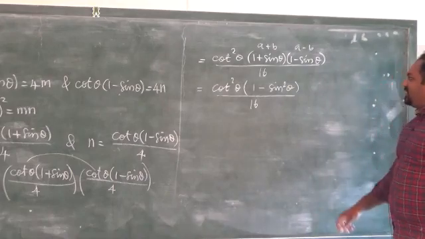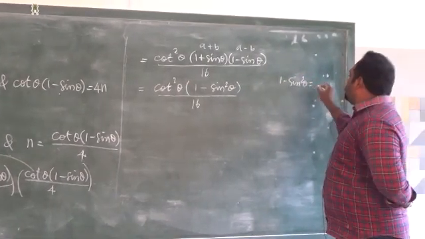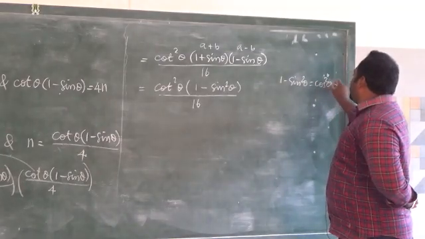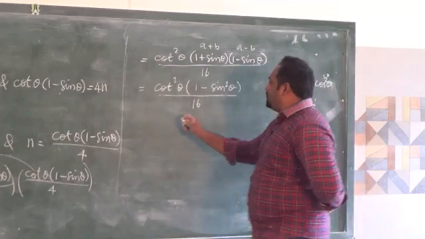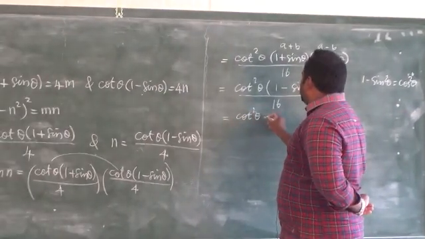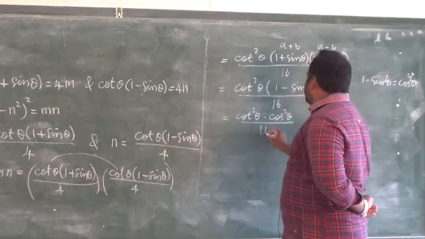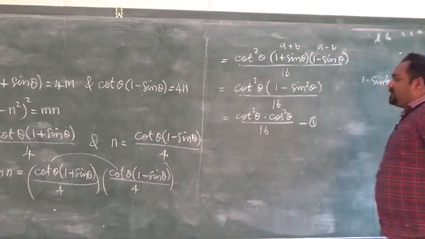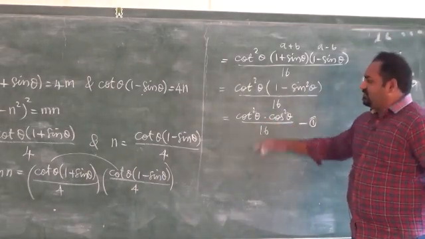Still we have a simplification: 1 minus sin square theta can be written as cos square theta. So this will be cot square theta into cos square theta divided by 16. Take it as 1. Here we don't have any simplification further.